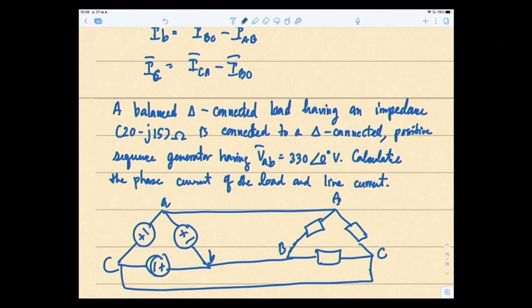So this is VAB, 330 angle 0 degrees volt. So VBC would be 330 angle minus 120 degrees volt. And VCA is 330 angle positive 120 degrees volt. And each load impedance is 20 minus j 15 ohms.